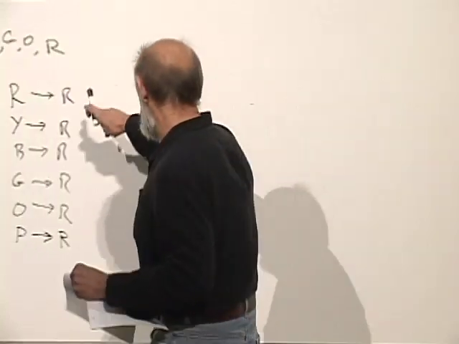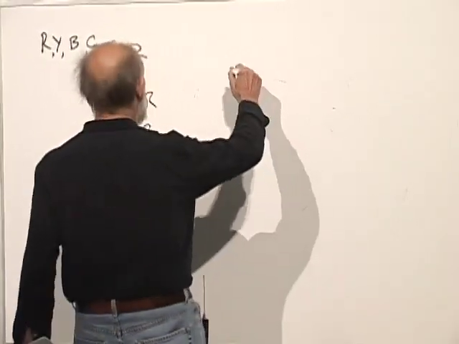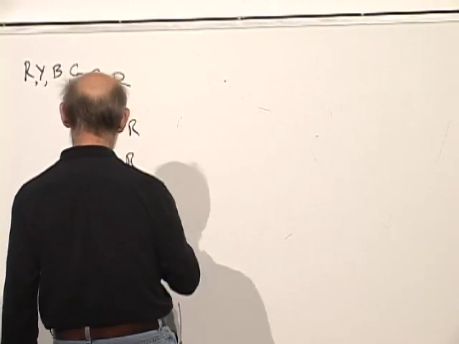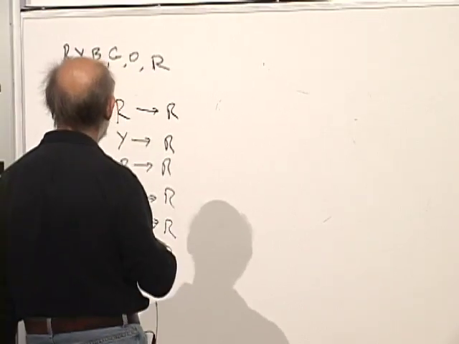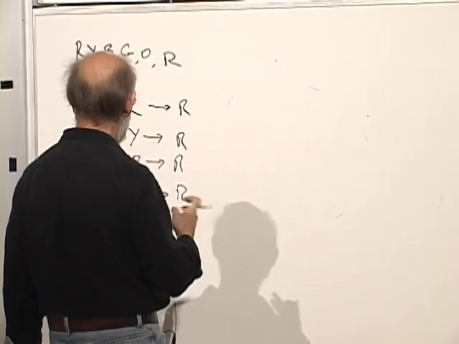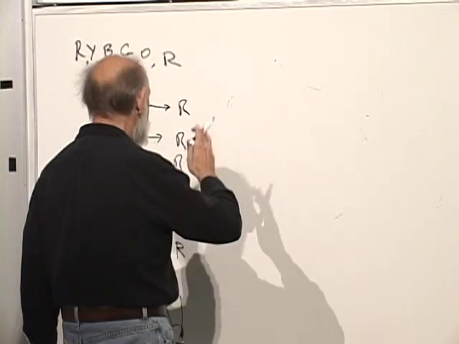And not only that, if you trace backward, first of all, it's deterministic, which means no matter where you start, you get to a very definite place after each instant. And distinctions don't merge. In other words, what this would look like would be, red goes, well, let's see how to draw it. Red goes to red, yellow goes to red.